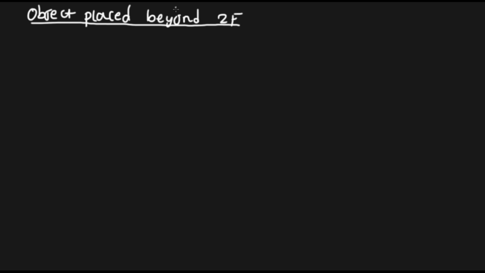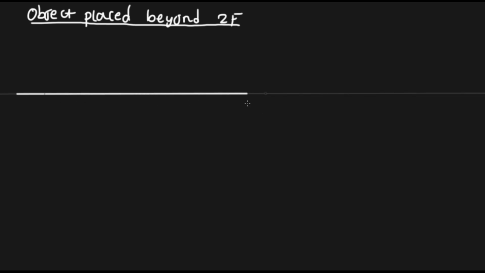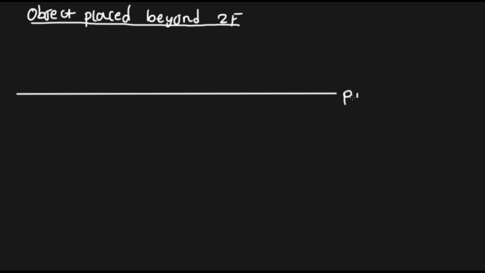I'm going to first begin by drawing the principal axis. So this is my principal axis. Then in the middle, I'm going to draw my lens here.